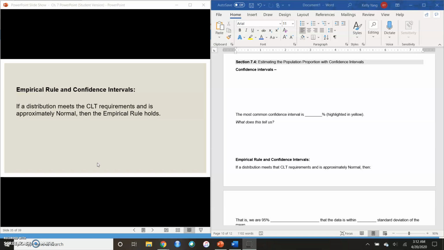So in this case, if a distribution meets the CLT requirements and is approximately normal, then the empirical rule will also hold and be true. This is going to be very helpful for us because this is going to be assumed in our calculation when we're trying to calculate the confidence intervals.